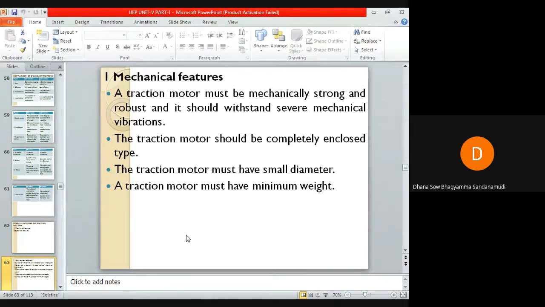The traction motor must be mechanically strong and robust. It should be completely enclosed type when placed beneath the locomotive, to protect against dirt, dust, mud, etc.